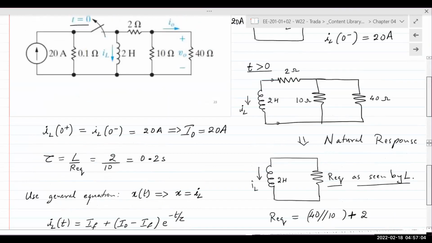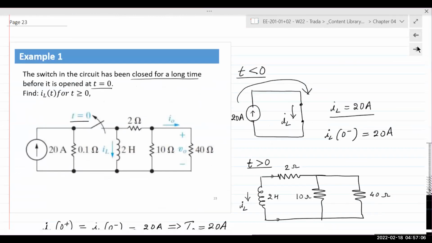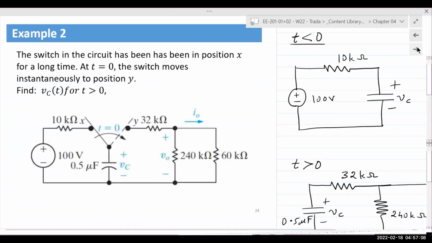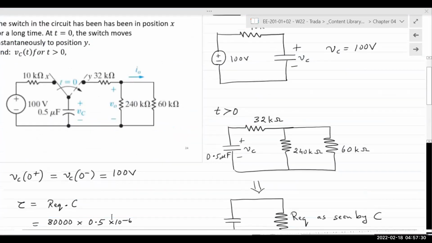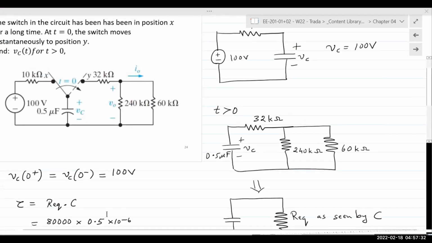Next, let's take a look at example 2. Similar example. This time, we now have a capacitor, and we follow the same process as before. We can see that the capacitor was connected to the source for a very long time.